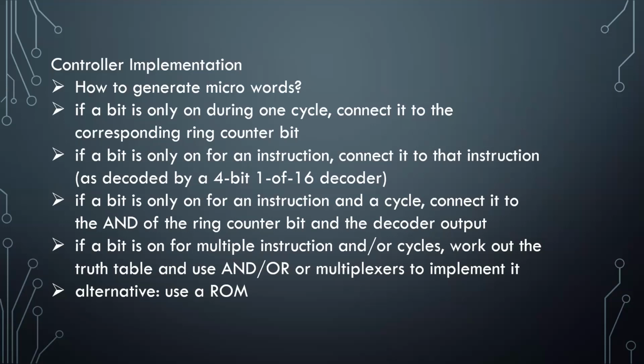If a bit is only on for an instruction and a cycle, connect it to the AND of the ring counter bit and the decoder output. If a bit is on for multiple instructions and or cycles, work out the truth table and use AND, OR, or multiplexers to implement it. Alternatively, use a RAM.